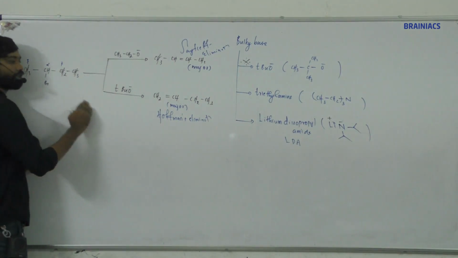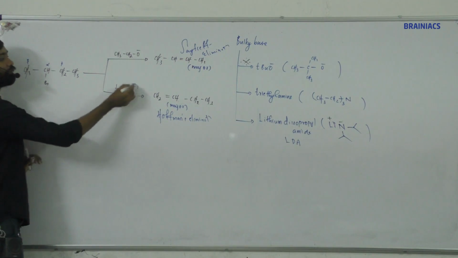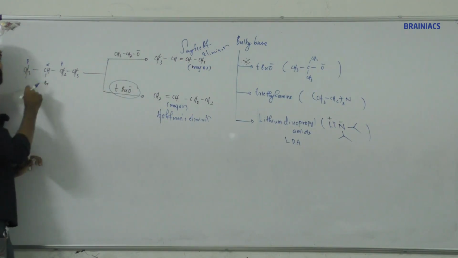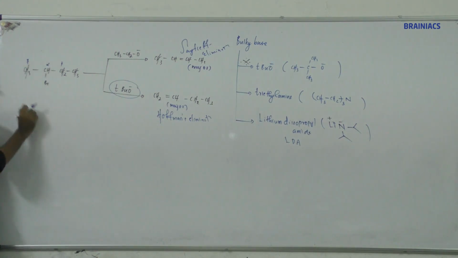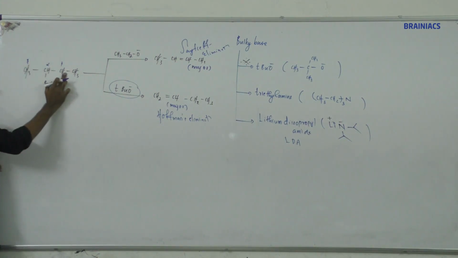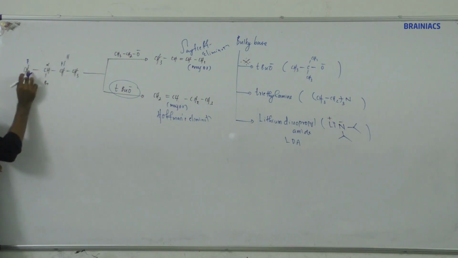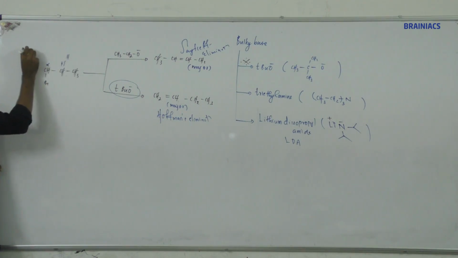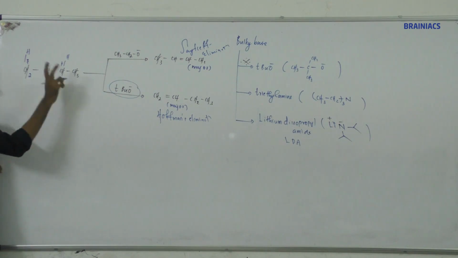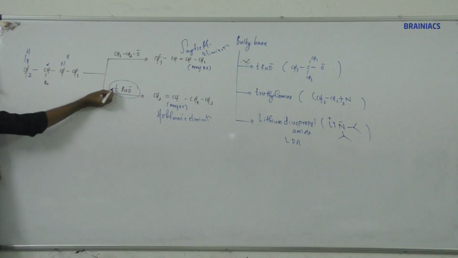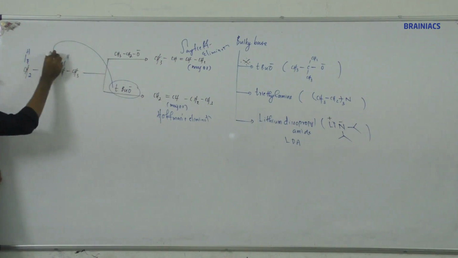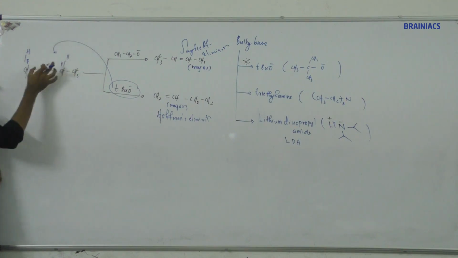From the second step, the base has a role to abstract the H plus, right? Listen, here actually there are two chances for abstracting H plus. In case of a bulky base, the chances for abstracting H plus are either this one or this one. But this is a crowded space, and the base is bulky. So it is very difficult to abstract H plus from a crowded space like this.